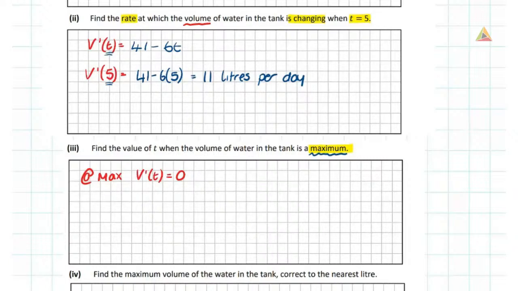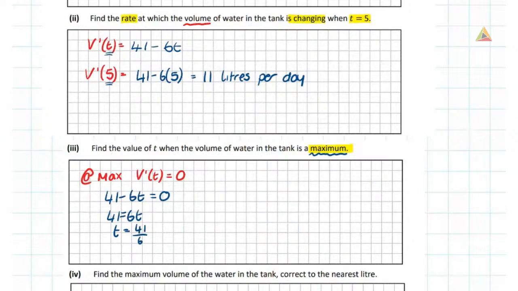Okay, so we're going to take our derivative, which we've just found in part 2. That was 41 minus 6t, and that was our derivative. At the max, that's going to be equal to 0. And obviously at the min, that will be equal to 0 as well. So solving for t, we'll end up with 41 is equal to 6t, and your t works out to be 41 over 6.